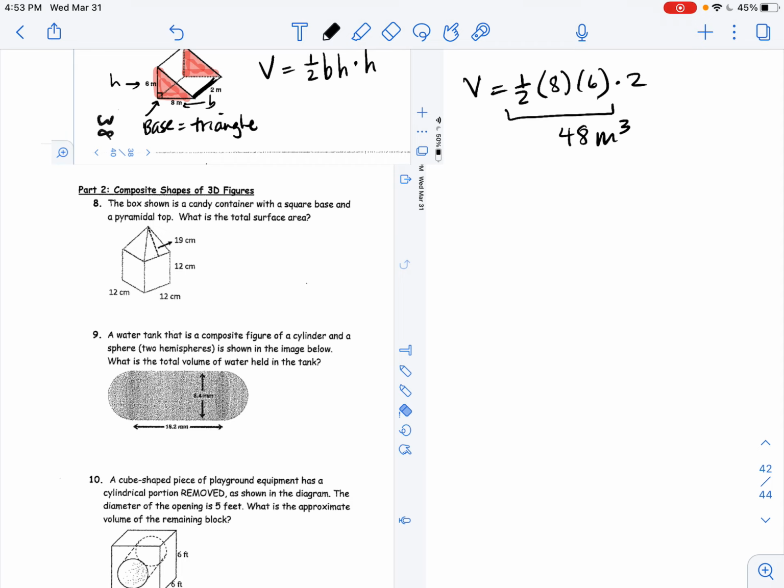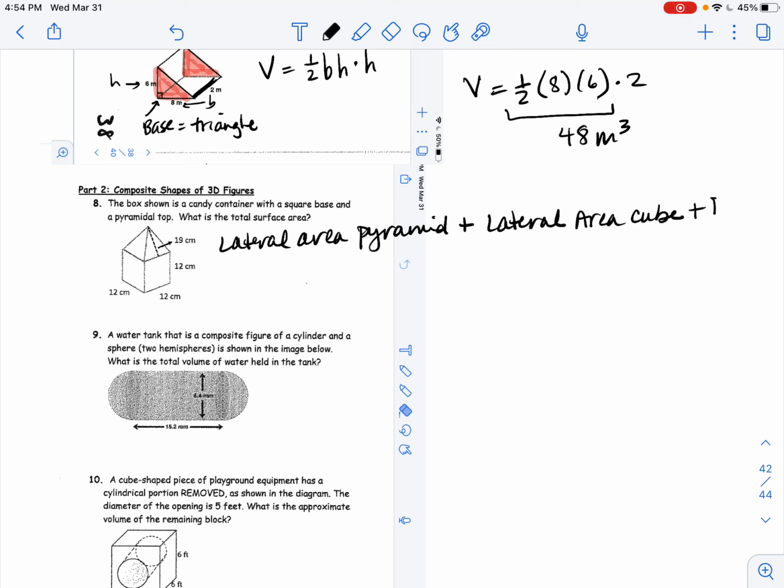In part 2, composite shapes of 3D figures. The box shown is a candy container with a square base and a pyramidal top. What is the total surface area? Let's figure this out. We have the lateral area of the pyramid, and those are all of the faces of the pyramid. Plus we have the lateral surface area of the cube.